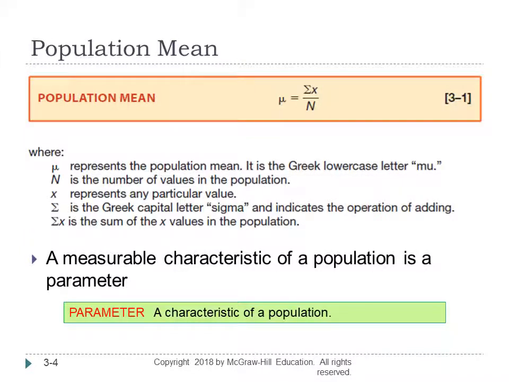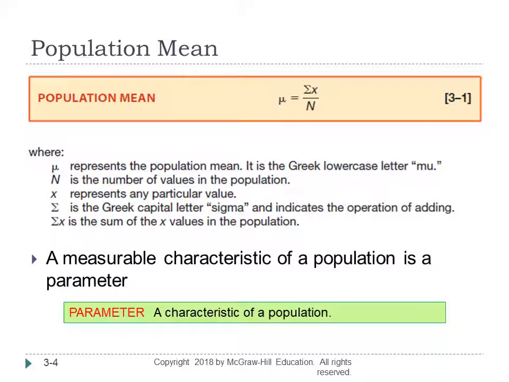You have to distinguish between the population mean and the sample mean. If we have data from a population, we can measure the population mean. We use the letter mu to designate the population mean. This is the sum of all data values, the sum of x divided by n.